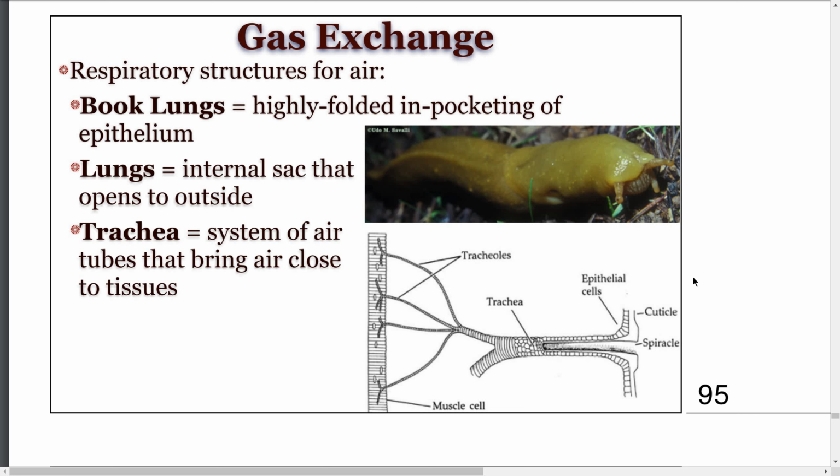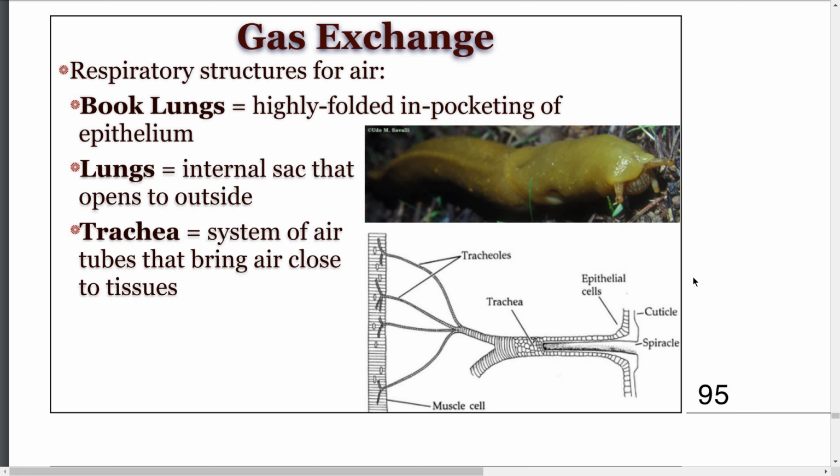The lung is basically sitting right here on the snail, and then the oxygen that's picked up has to be circulated by the hemolymph to the head and the tail and so on, all of the rest of the animal. The same is true with book lungs. They're often on the ventral side of certain animals. And then the oxygen has to be picked up from the book lungs and delivered.